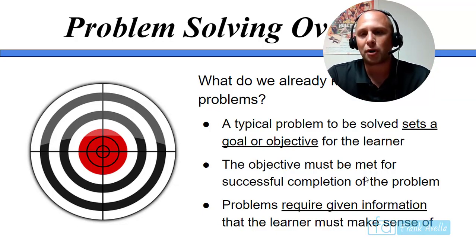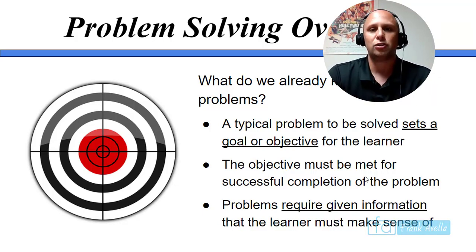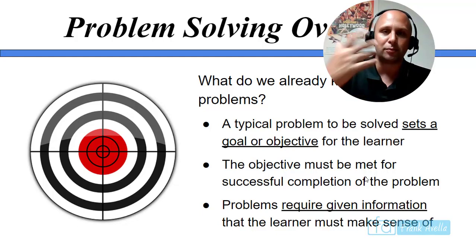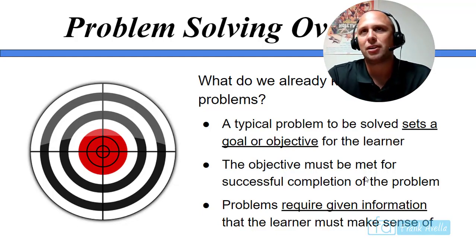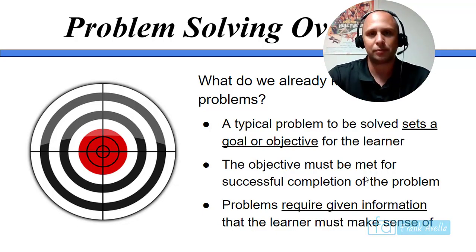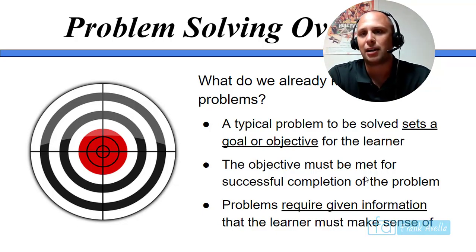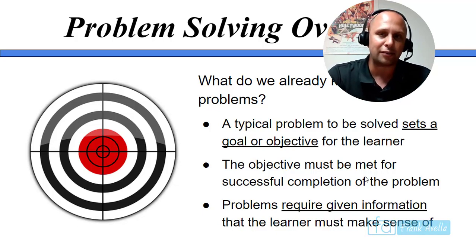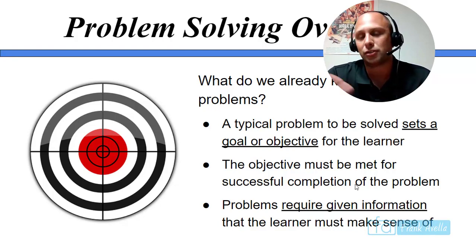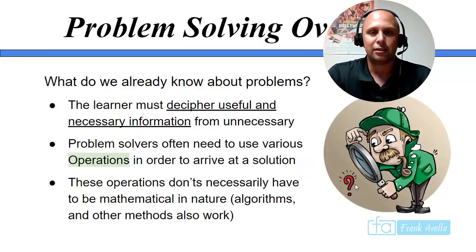So problems require given information that the learner must make sense of to achieve that goal or objective, right? So if it's a math problem, you're saying something like there's 25 ducks in a pond and 3 ducks swim away, how many ducks are left? The goal is to know how many ducks are left after the other ducks swim, and the information given is what they told us here. So, you start with 25 ducks, right?